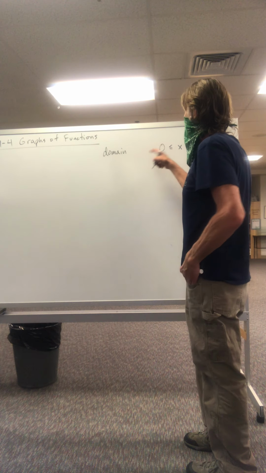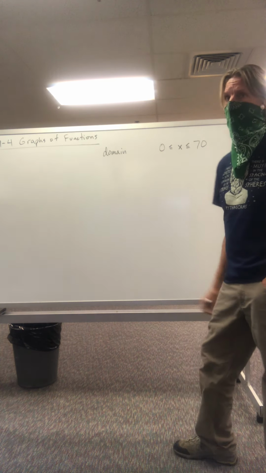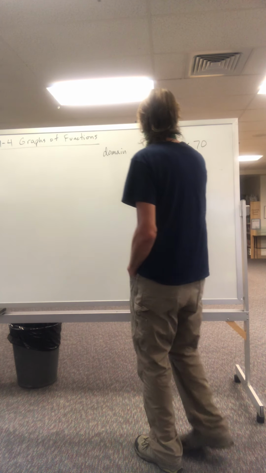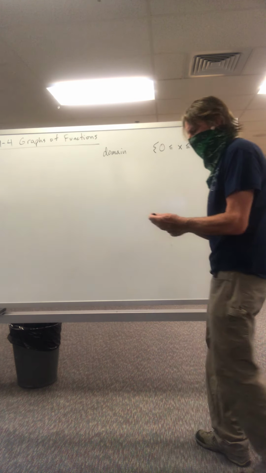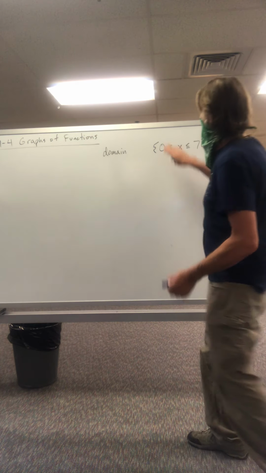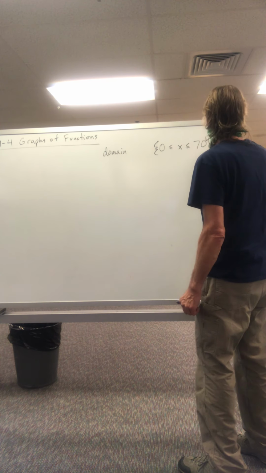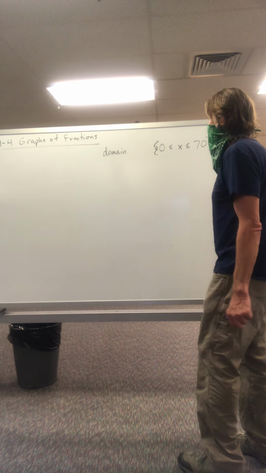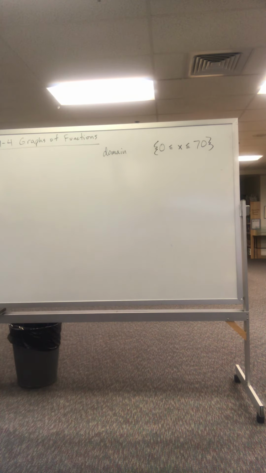So if we're going to write this in what they call set builder notation, then we would put this into the squiggly brackets. And then what we do is we come out front, and I want to double check and make sure I'm doing it just so, because I've learned it a slightly different way.